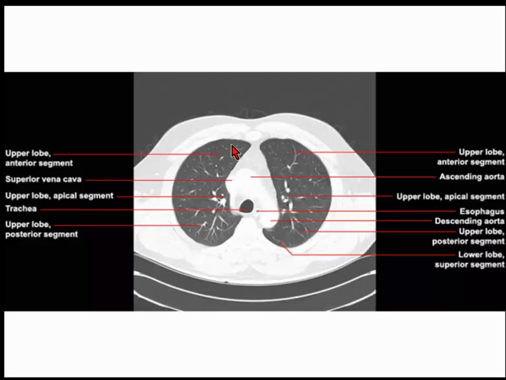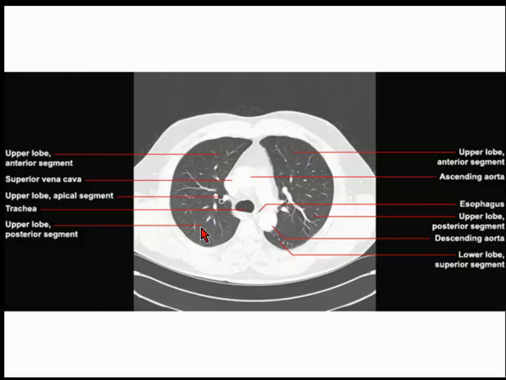If you're coming from top to bottom, just remember the anterior part is the most anterior segment, the middle along the vessels is the apical, and the posterior is posterior. So again, the same anterior, apical, posterior segment, and this is the superior segment coming up.